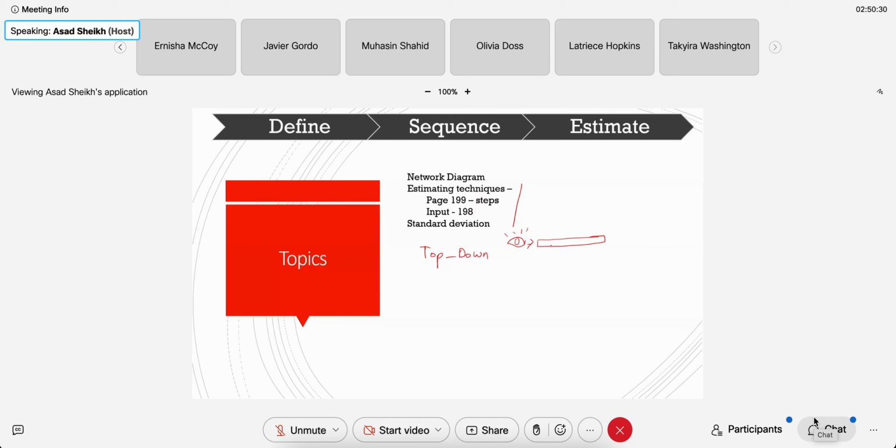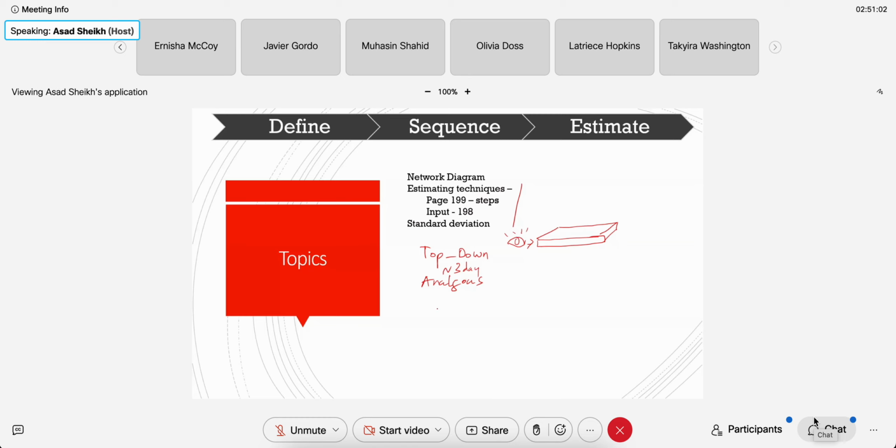By looking at the slab here, you say approximately 3 days. That's top down. It's also called analogous. Just looking at it at face value, not knowing a whole lot, just estimating, thumbs up, 3 days.